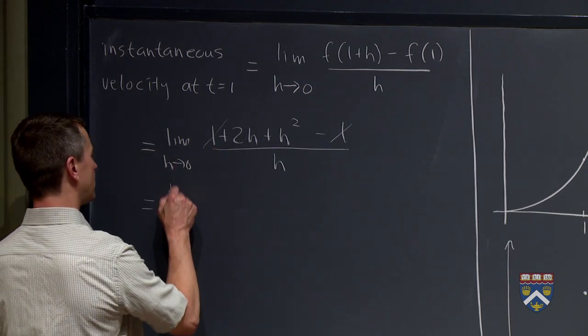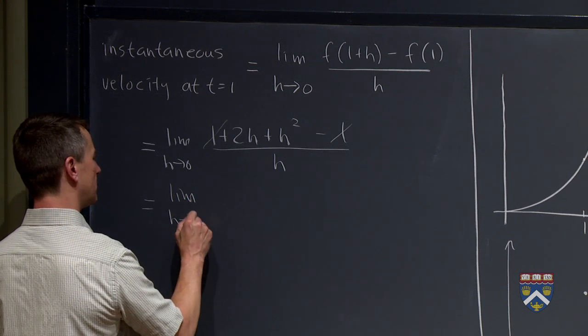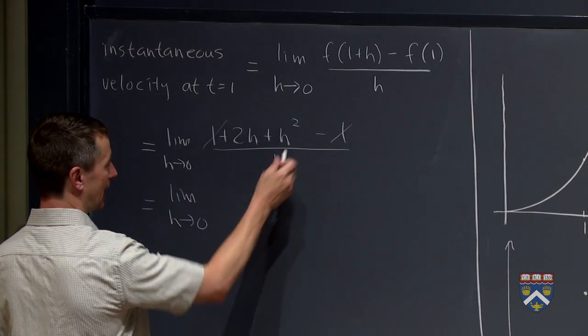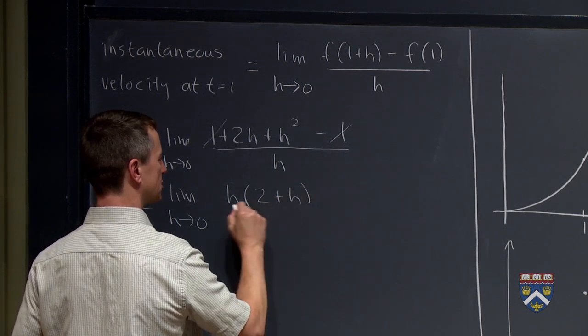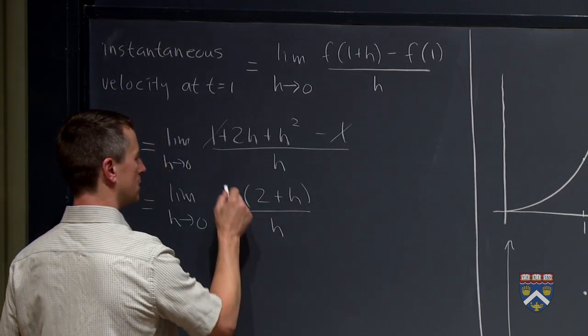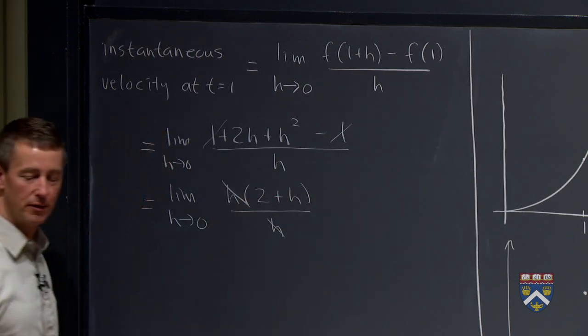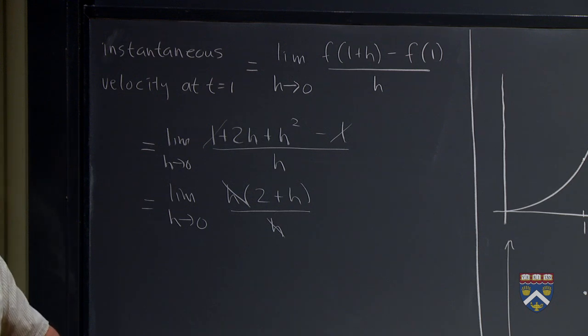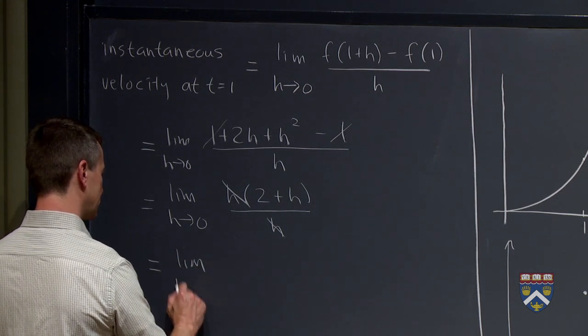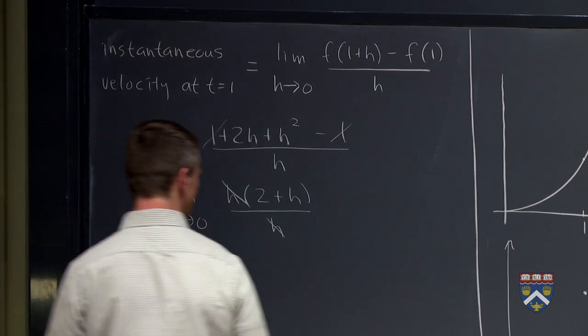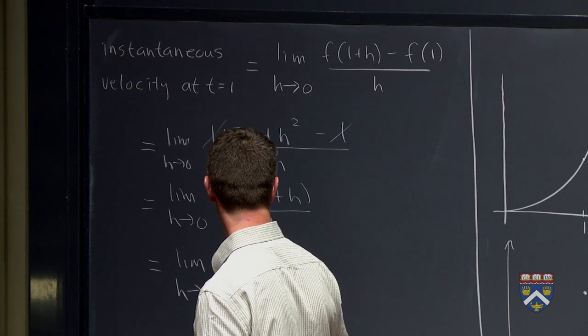But now on the top, since each term has an h in it, I can factor an h out of the top, and I get 2 plus h over h. And then I can cancel those h's, because remember, we're not letting h equal 0, we're just letting h get closer and closer to 0, and imagining what that limit will be. So it is legal to cancel that h. And now we have 2 plus h.